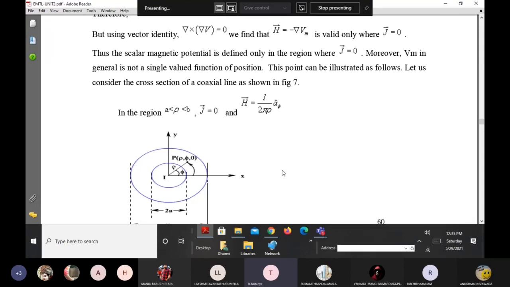The current passing in the inner conductor and outer conductor is I, right? Now we have to calculate at the point P. Let this be the point P, which is lying between the inner conductor and the outer conductor.